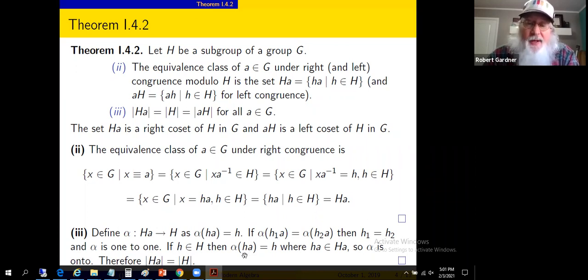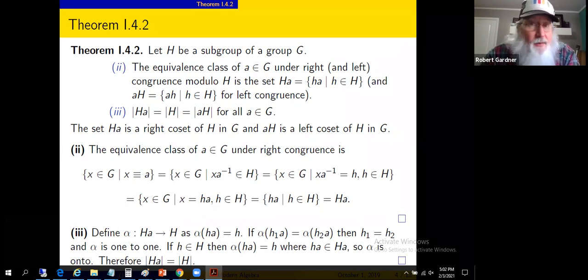Well, of course, you map element h times A with alpha to get the h out. h is an arbitrary element of subgroup capital H. There's what it's the image of. Alpha of this thing equals that. So we've got an onto mapping. We have a surjection, if you like. We got one-to-one. We got onto. We got injective and surjective. We got a bijection. So the cardinality of the right coset is the same as the cardinality of H.